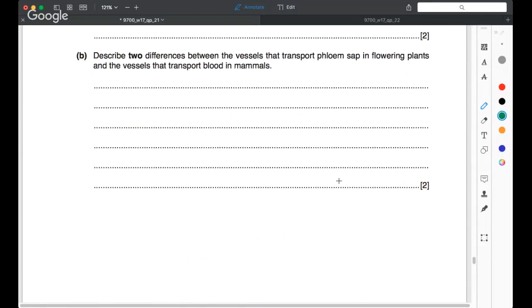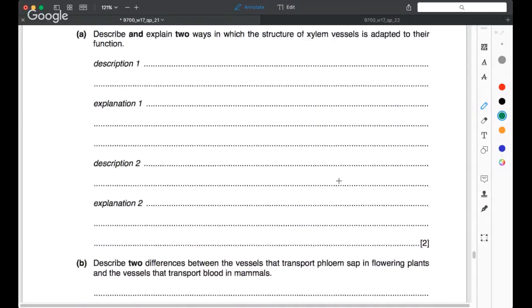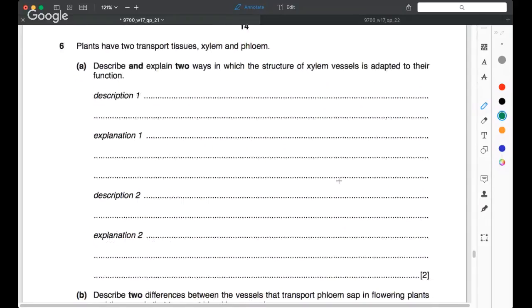So you went straight into talking about lignified walls and the lack of cytoplasm, which is a bit deeper knowledge than what's necessary. But they're in the marking scheme, so you'd get the marks for that.